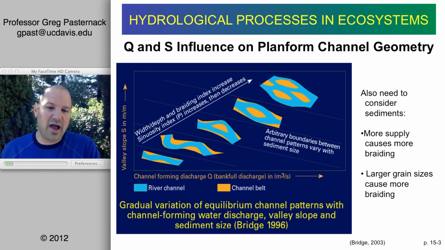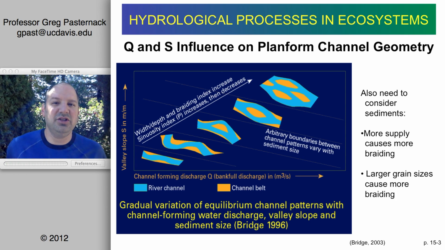As discharge increases, there's more opportunity to do work. As valley slope increases, we're getting steeper and steeper. You put those two together, and you're talking about more force being imposed, slope being essentially a measure of gravity and driving change.